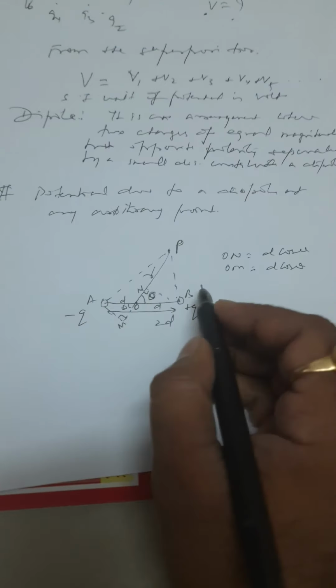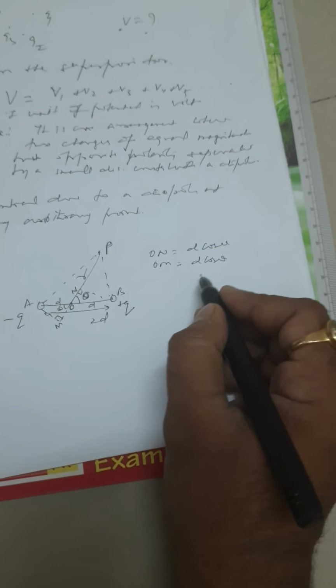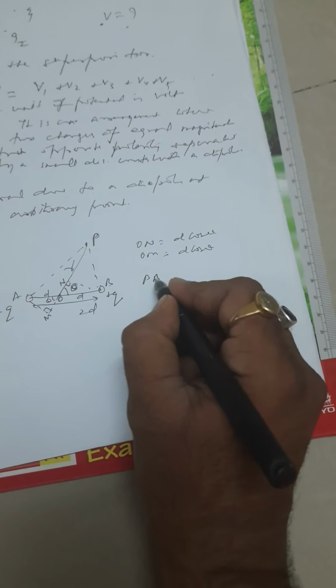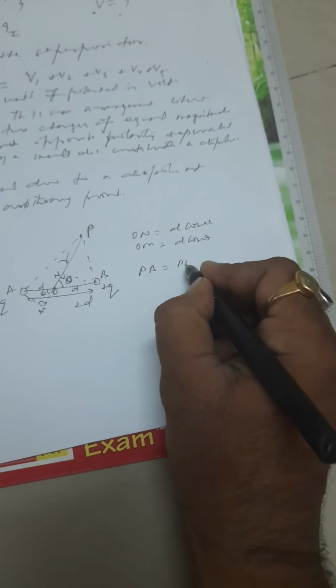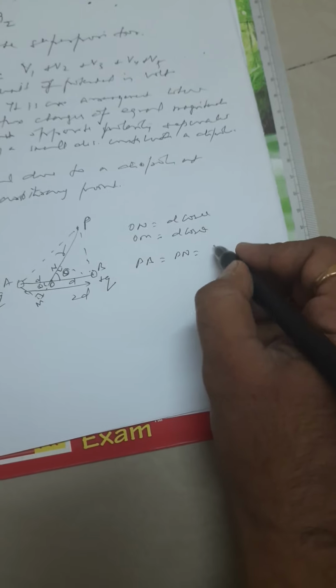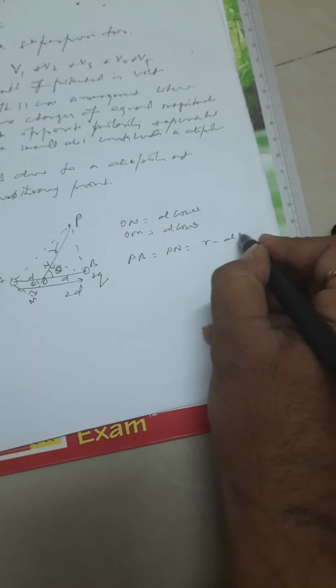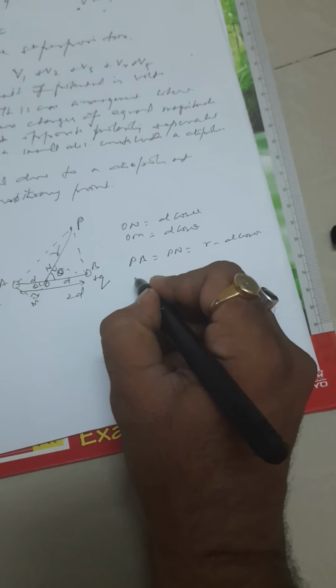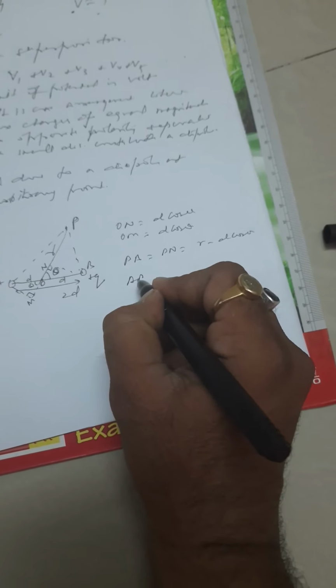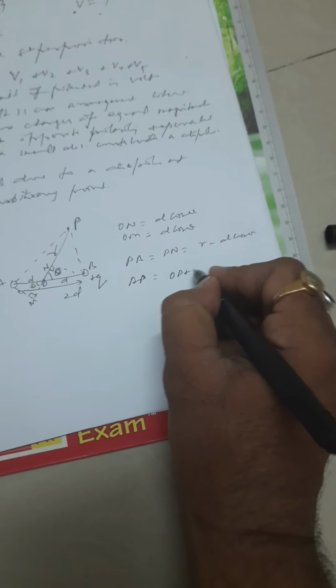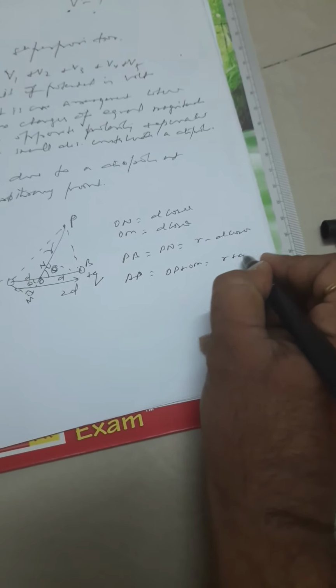So we'll get the effective length PB equal to PN, which is equal to R minus D cos theta. Similarly, AP is equal to OP plus OM, that is R plus D cos theta.